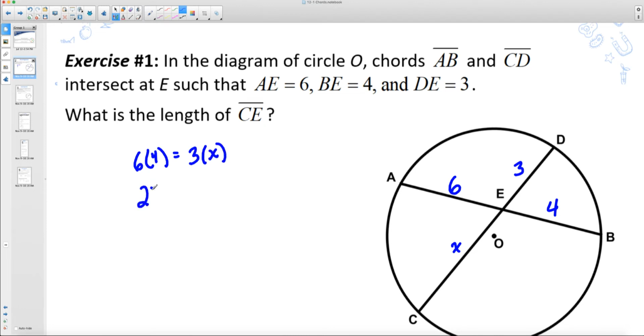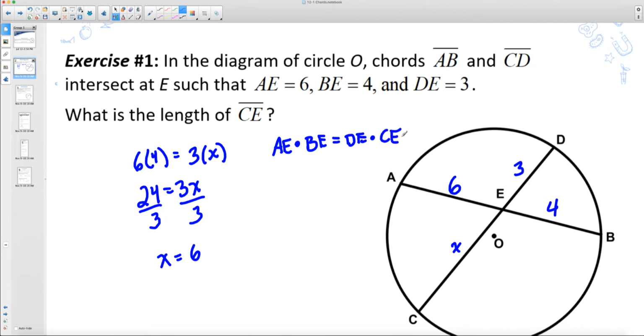So we're looking at 24 equals 3x. Divide by 3, and x equals 6. Notation-wise, AE times BE is going to equal DE times CE. Okay?